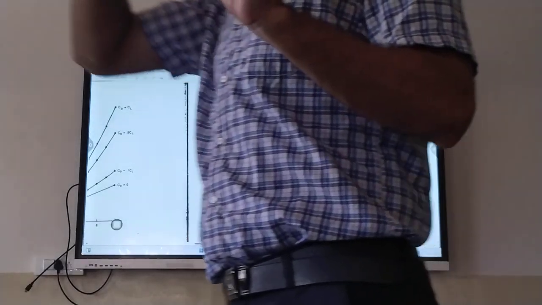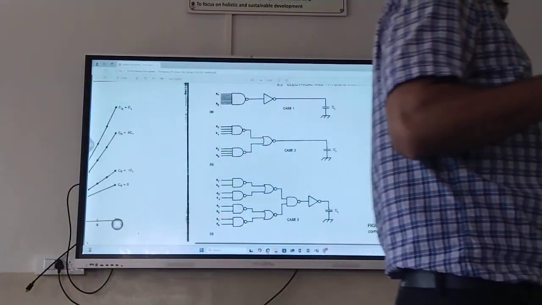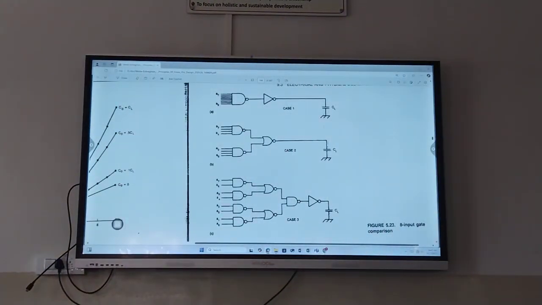Second diagram is two 4 input NAND gates. Third diagram is 2 input NAND gates, but 4 in number. So now my question is whether all the 3 diagrams will give you the same delay or different delay. They will give you different delay.